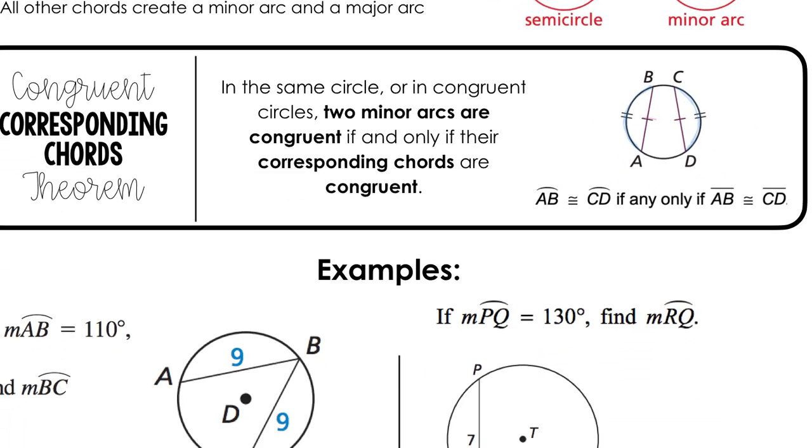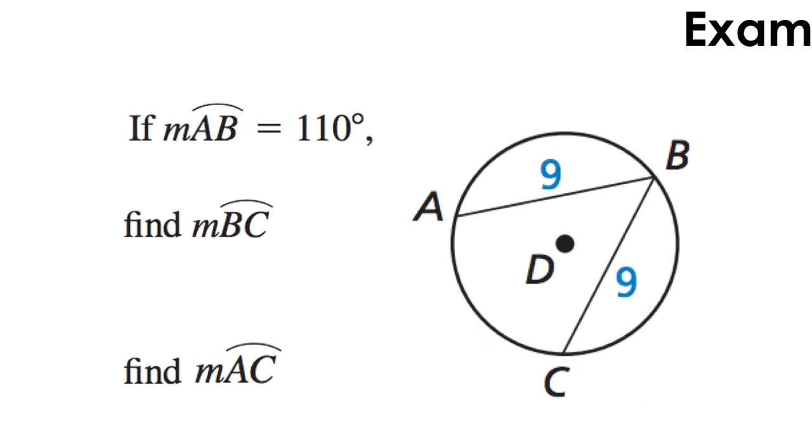Okay, so let's look at our first example. So in this picture, they are telling us that the measure of arc AB is 110 degrees. Okay, so that would be from here to here. So this arc is 110, and they're asking us to find the measure of arc BC. So arc BC would be this arc over here.